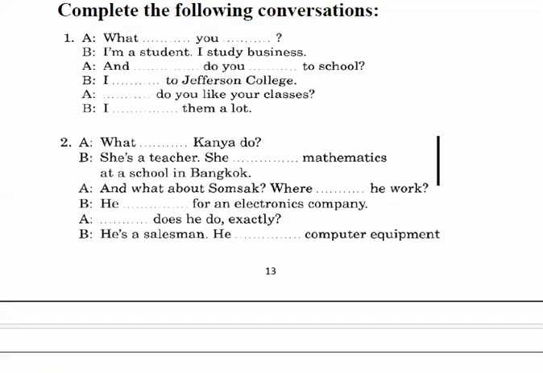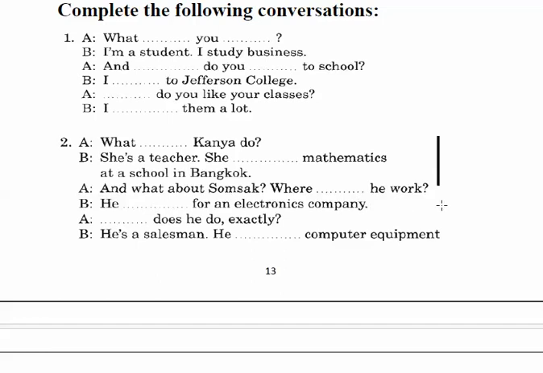We have another conversation. What does Kanya do? She's a teacher. She teaches mathematics at a school in Bangkok. And what about Somsak?